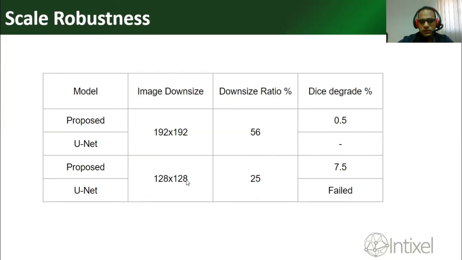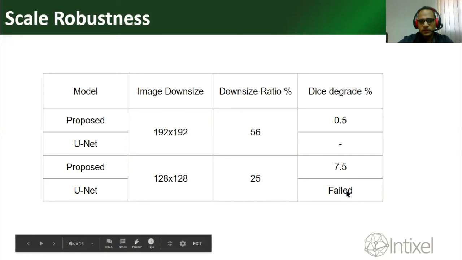For the 128 by 128 image size, the proposed method dice degraded by 7.5%. However, the UNET actually failed to segment the images. Most of the images were black predictions, it did not find the heart within the image at all. So here we consider it as failed.